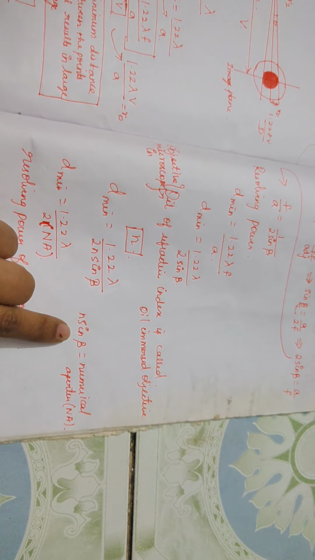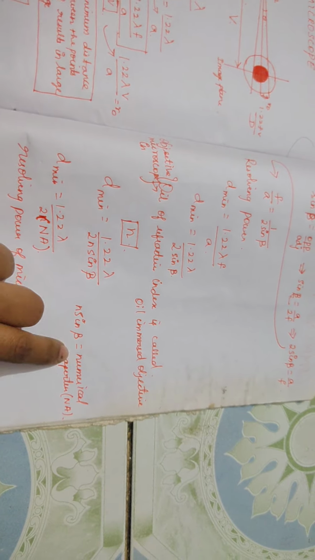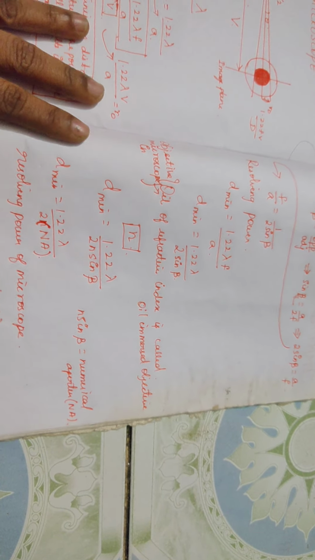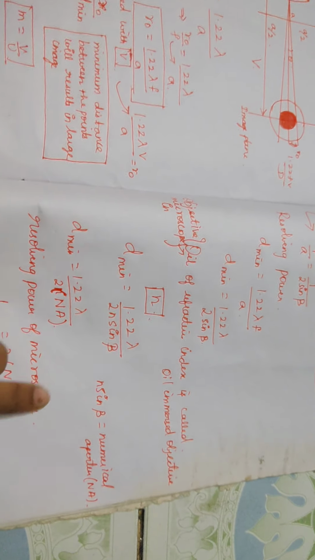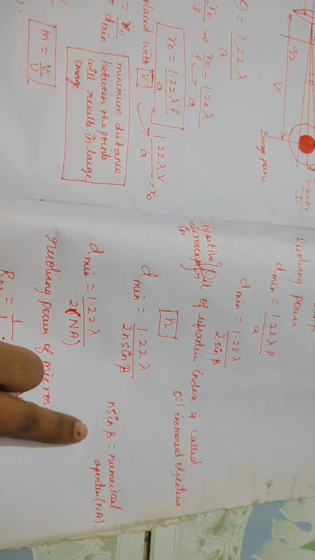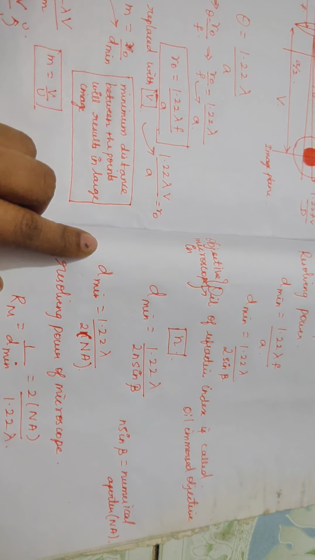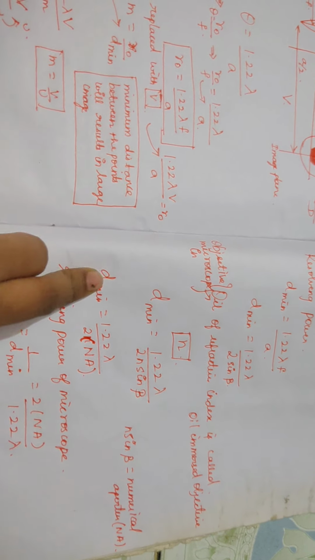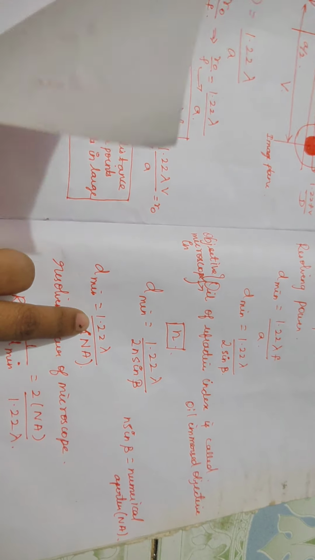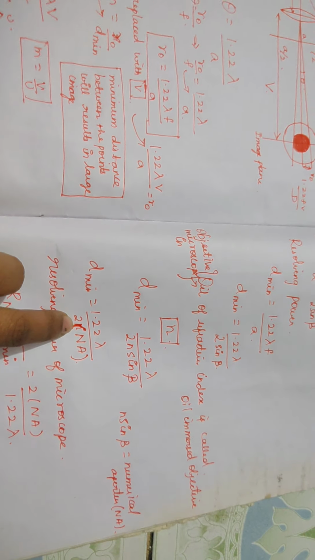Here I can take n sine beta as the numerical aperture, which relates to the lens we are using here. So n sine beta is equal to numerical aperture, which I represent with NA. Now this equation will be turned into D minimum is equal to 1.22 lambda divided by 2 NA.